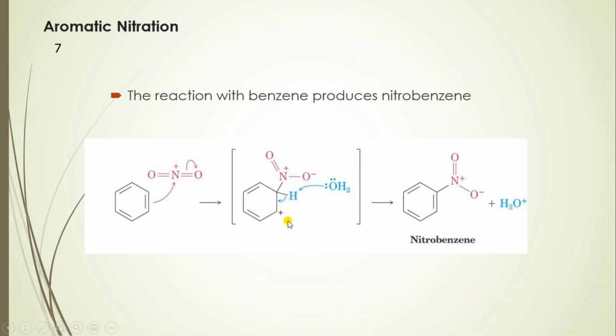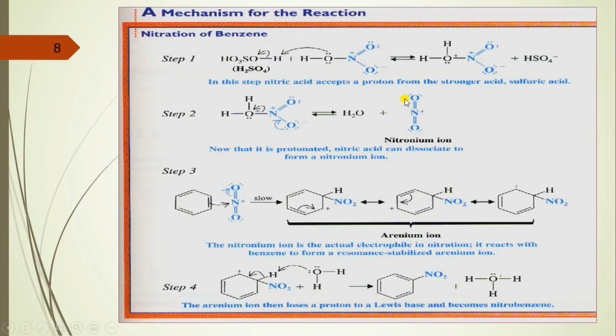There will be a positive charge formation on the benzene ring, and then the neighboring carbon to this carbocation will lose its proton, and that proton will be abstracted by water to produce the nitrobenzene molecule. So this is the overall mechanism for this nitration. You can see the detailed mechanism on slide number 32.